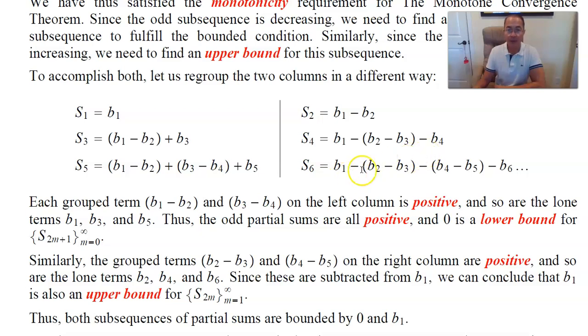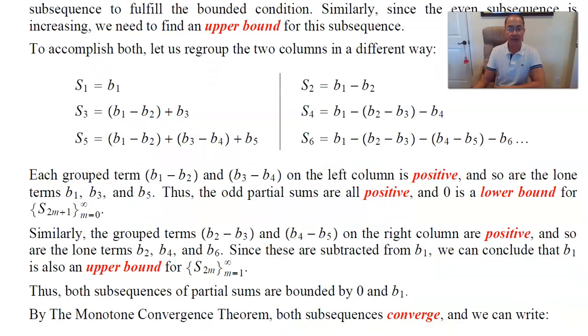From B1, we're subtracting this positive number, subtracting another positive number, subtracting yet another positive number. Okay, so therefore, all of these partial sums are smaller than B1. From B1, we're taking away something, something, something. Okay, so in other words, both of these partial sums are bounded below by 0 and bounded above by B1.